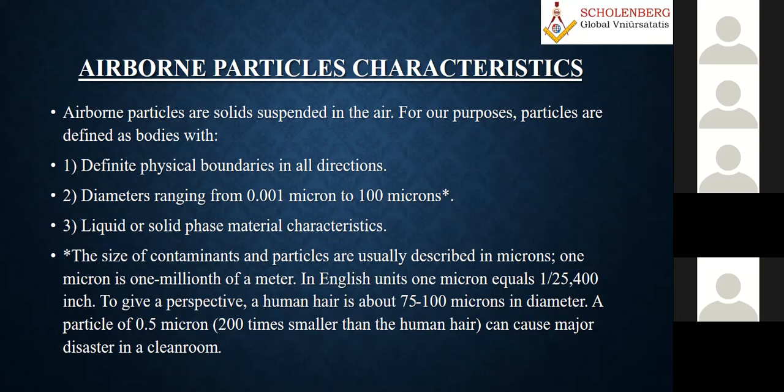This is what I'm highlighting: your human hair is about 75 to 100 microns, but now you are talking about a particle of 0.5 micron in diameter, and even this can cause a major disaster in a clean room. In subsequent discussions, I'm also going to talk about efficiency.